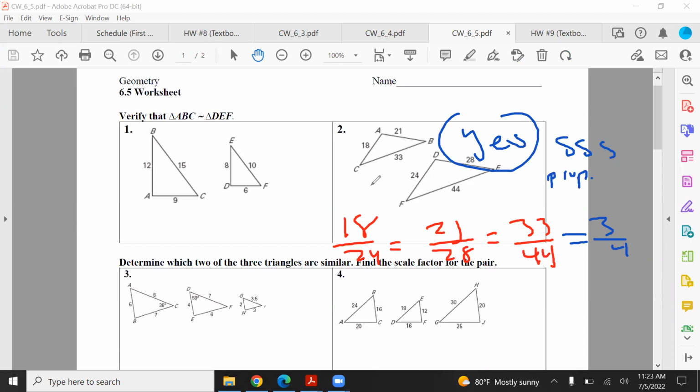In here, I would say 4/5. Yeah, I would say this one with that one.